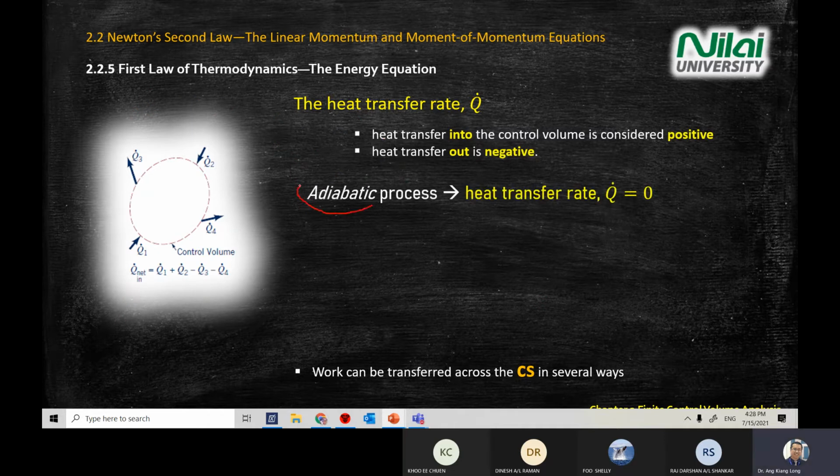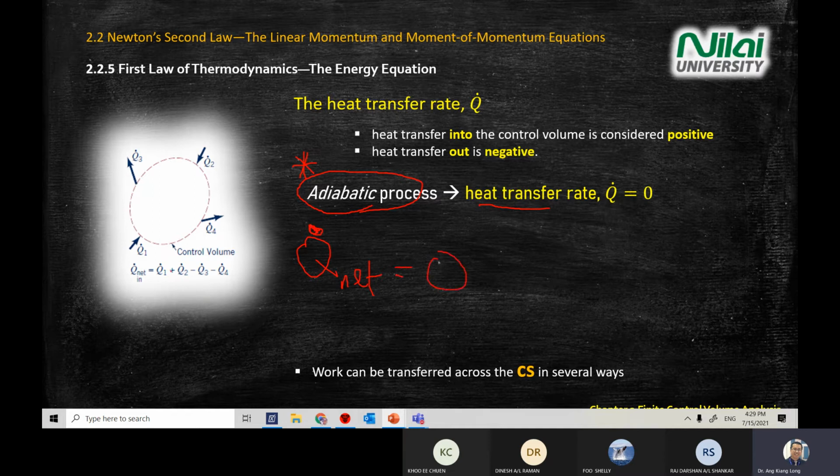Another word that you need to recall from your thermodynamics will be adiabatic. Adiabatic means no heat transfer happens. This is another important word when it comes to your exam. If you see an adiabatic process, it means no heat transfer. No heat transfer means your Q dot equals 0. Meaning if this diagram over here is adiabatic, then your Q dot net total will equal 0.